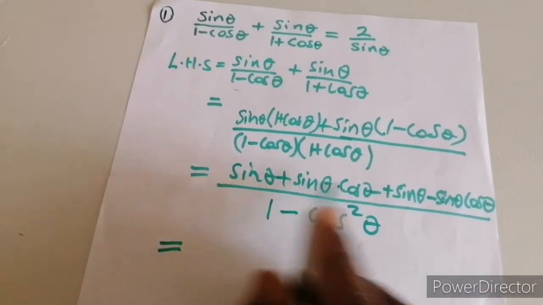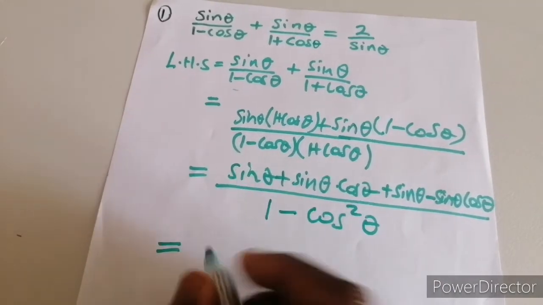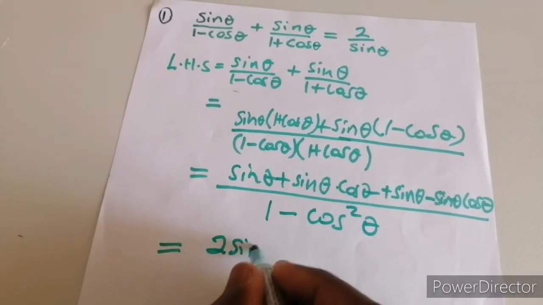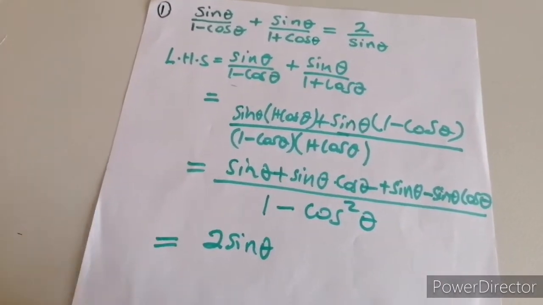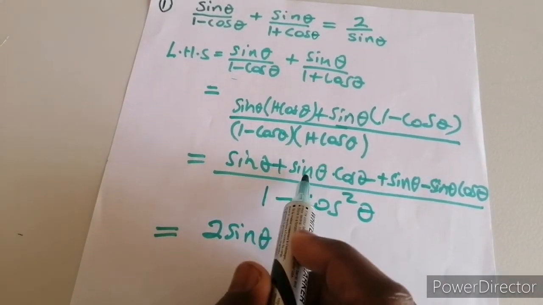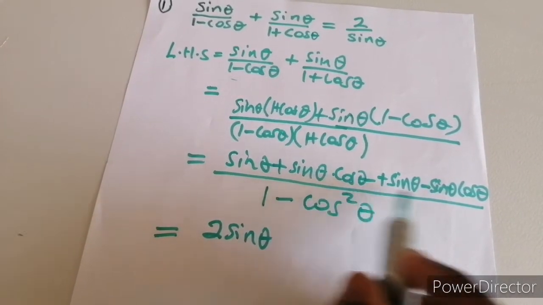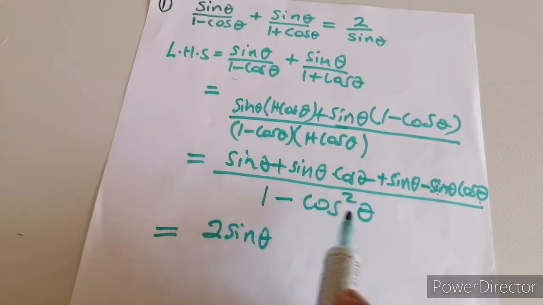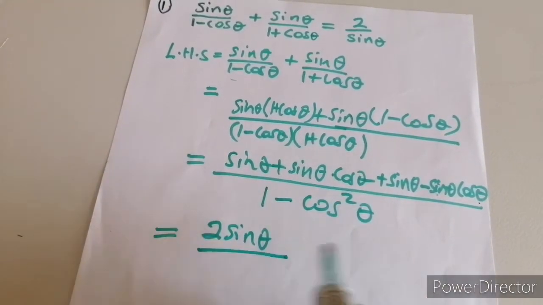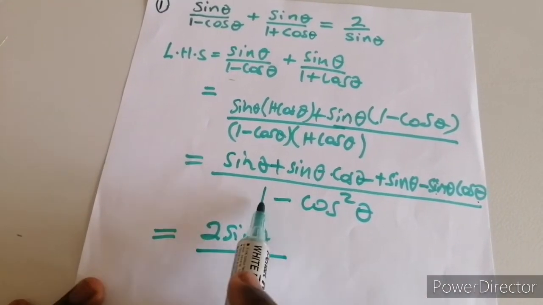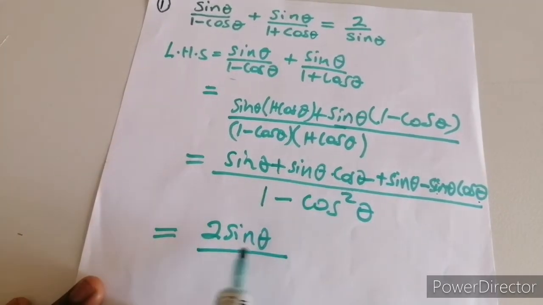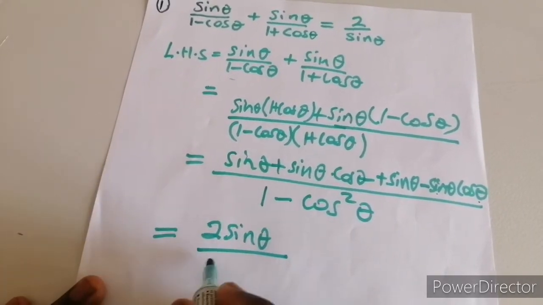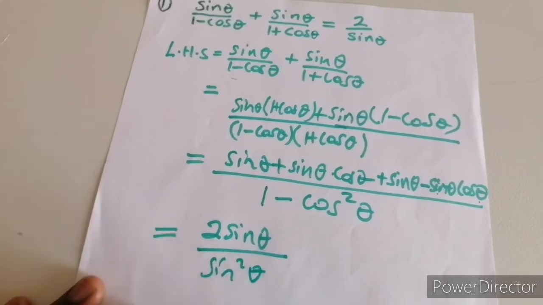Right, now let's add like terms. 2 sin theta will be the result. Sin theta cos theta minus sin theta cos theta is 0. All divided by, now 1 minus cos squared theta can be changed into sine squared theta.